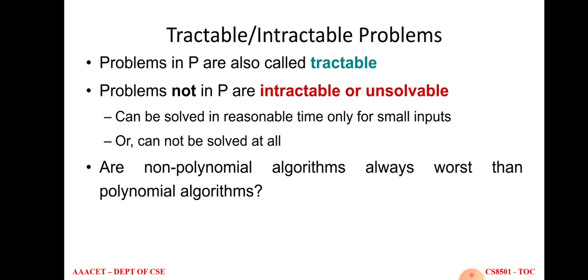And what are tractable and intractable problems? The problems in P are called tractable problems, because problems in P can give the correct solution, so that is tractable. Problems not in P are intractable, which means the corresponding problem doesn't give the correct solution, that is unsolvable or intractable.